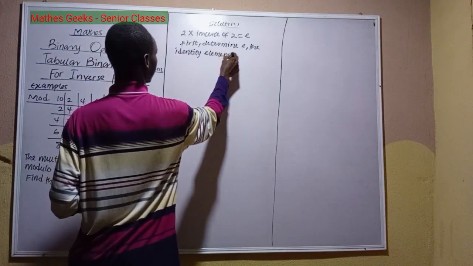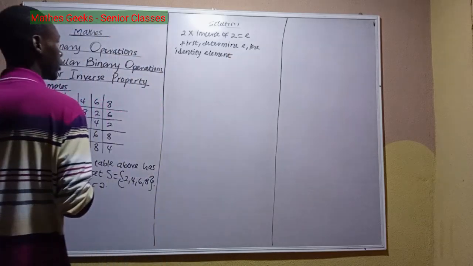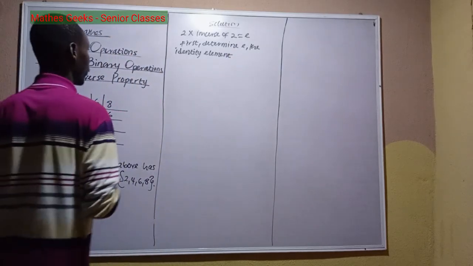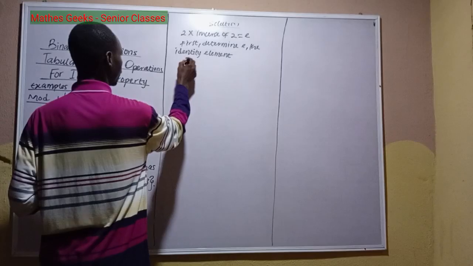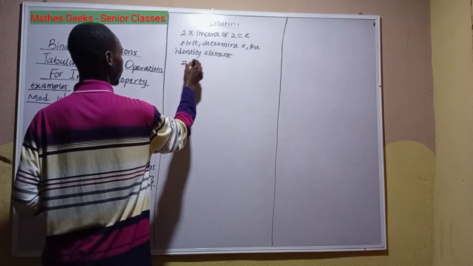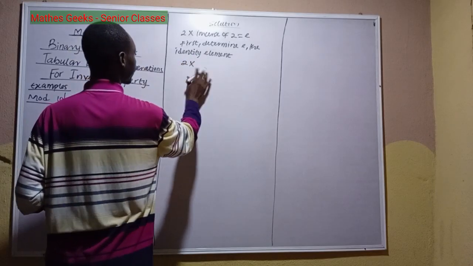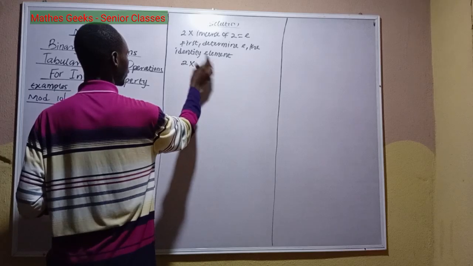To determine the identity element, it means 2 multiplied by a number that will give us 2.